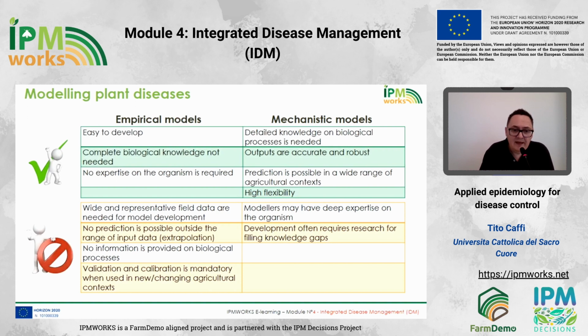Of course, we have costs and expenses, in terms of money but also time, for developing such a type of model, and we have to validate them. This is true also for mechanistic models, of course. The difference is that once the validation is done, a mechanistic model can be used everywhere. Of course, we have to develop some specific experiments or specific research if we have gaps in the knowledge of the system.